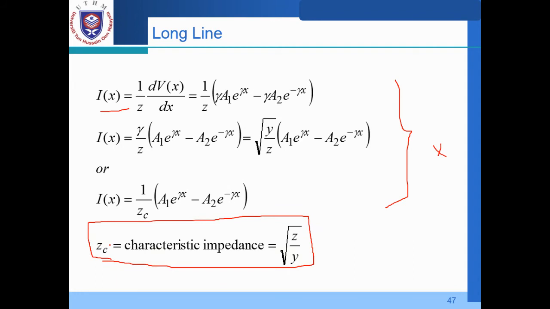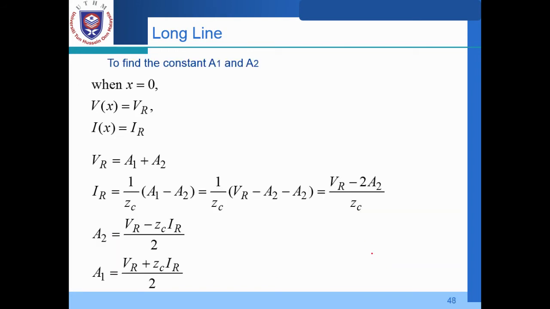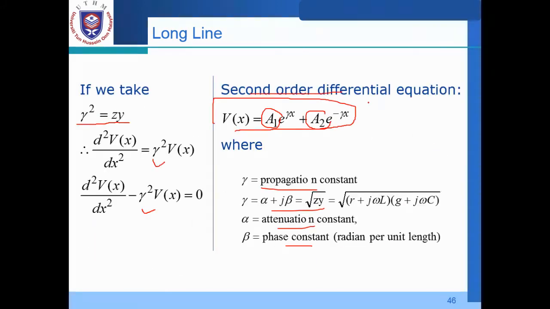Now this is the final equation we are going to emphasize. The characteristic impedance Zc equals square root of Z over Y. So finally, after all this derivation, we may get that the characteristic impedance is Zc, the square root of Z over Y. Again, this is when we apply the second order differential equation.